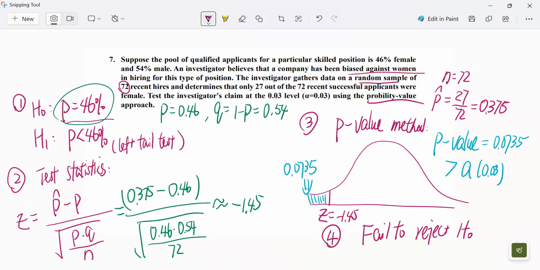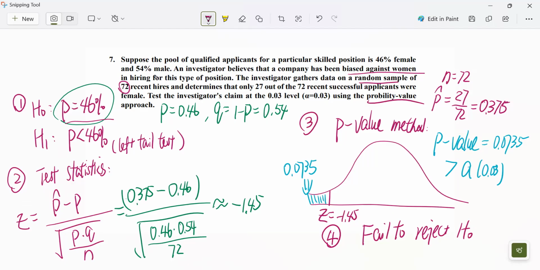So that means, based on this 97% confidence, based on the significance level of 0.03, there is no sufficient evidence to warrant a rejection of the null hypothesis that the company has been biased against the women in the hiring process.